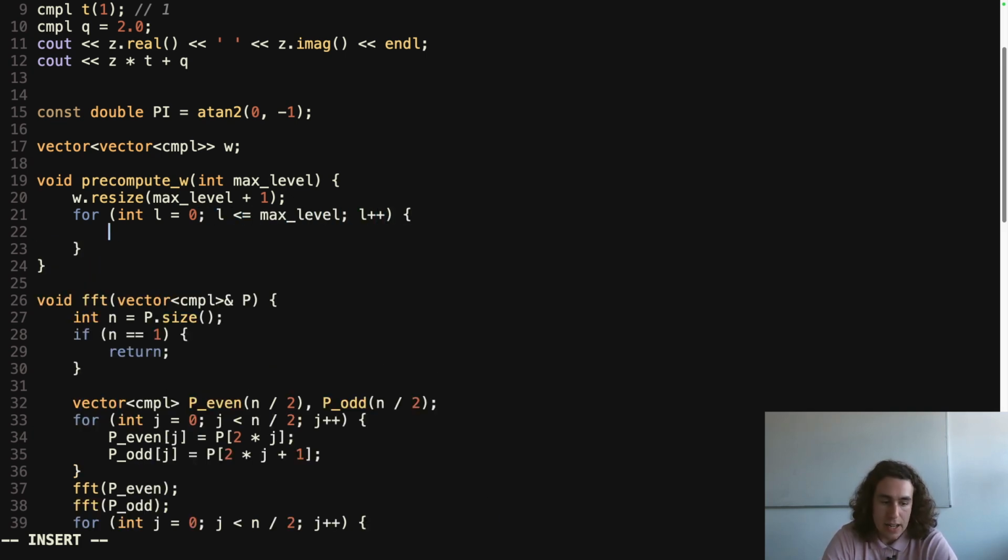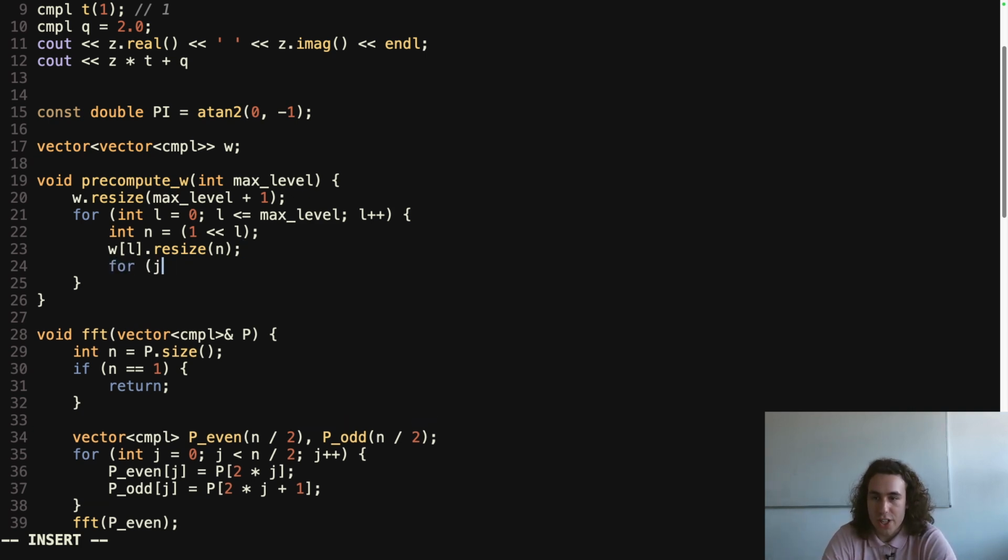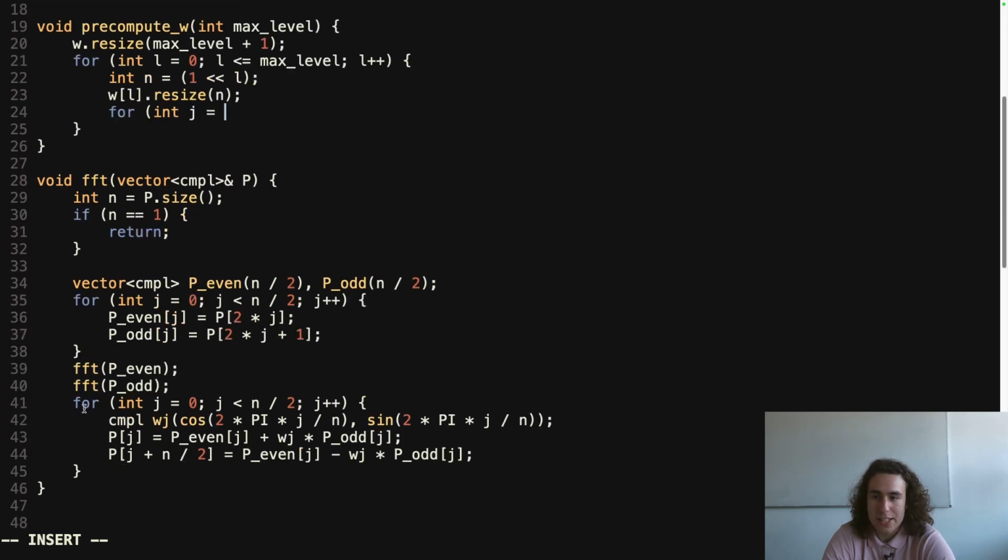In this case, our current value of n is 1 to the power l. And we resize our vector with n. So we need to have n roots of unity of like 1 over n order, right? So we go through all values of j. We basically do the same thing as we do here.